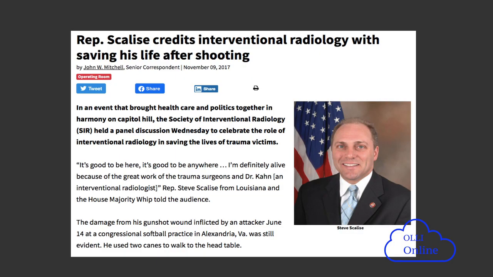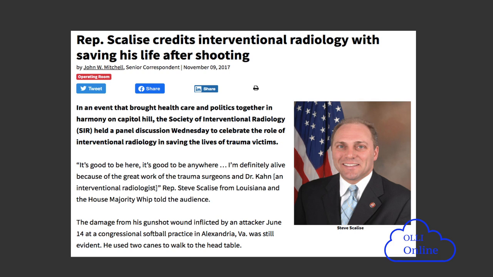Another example of something we do, I don't know if you guys remember this, I think it was in DC a couple of years ago, where they were having some charity baseball event. This is Scalise, who basically was shot at that baseball game.